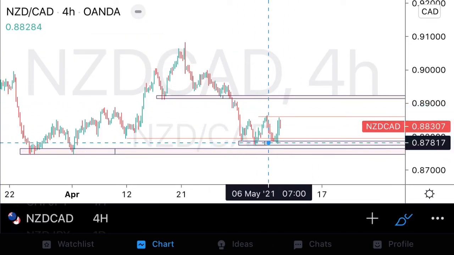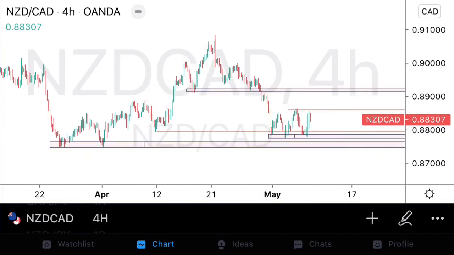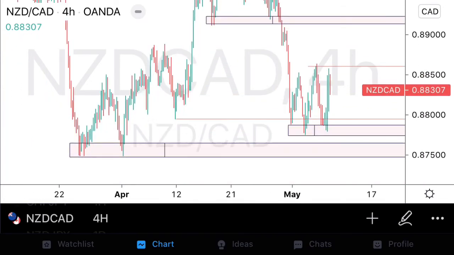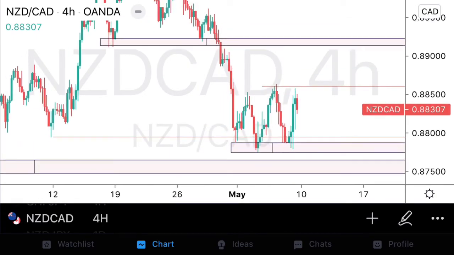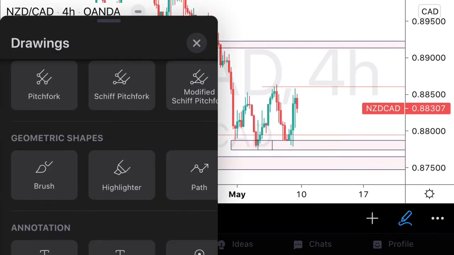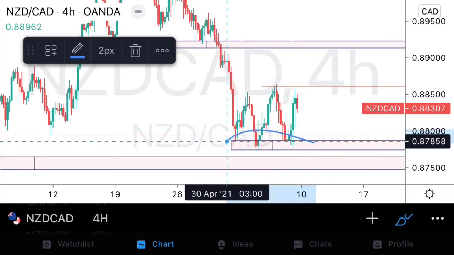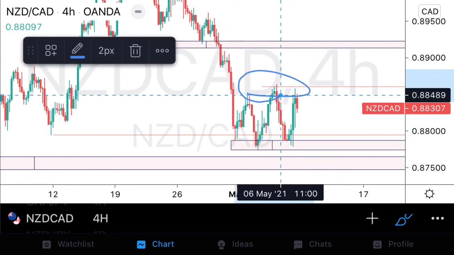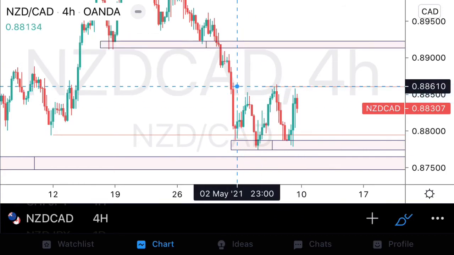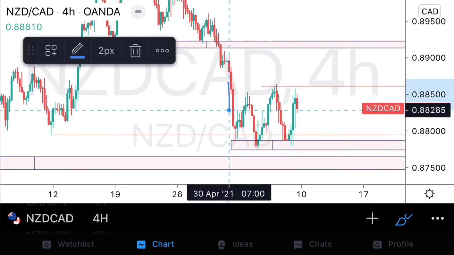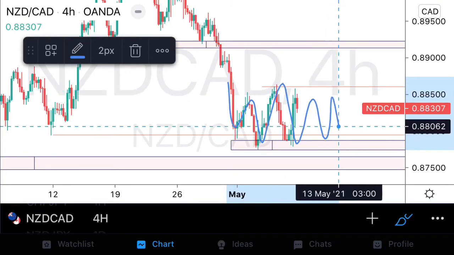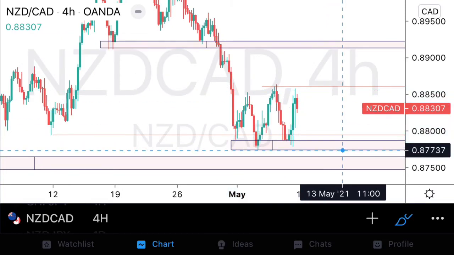corrective price action nature. So looking at NZDCAD, let's just zoom in a bit so that we can pay attention to the H4 and also look at the most recent price action. What we do see here on NZDCAD is obviously a market that has extreme lows down there, extreme highs up here, and then we've just seen these highs and lows being manipulated to the upside, basically in some sort of a ranging manner or consolidation type of a thing.